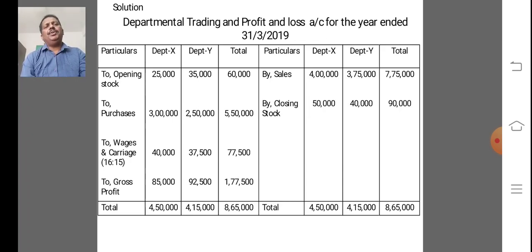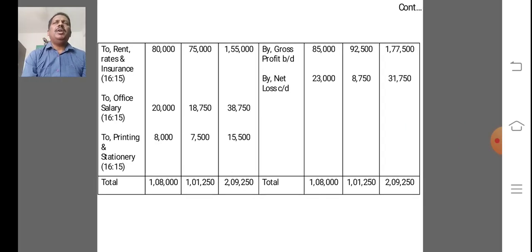That gross profit is to be brought down to the profit and loss account on the credit side. Therefore, by gross profit brought down on the credit side 85,000, 92,500, the total 1,77,500. And again, coming to the P&L account debit side: to rent, rates and insurance, distributed on the basis of 16:15, that is 80,000 for X department, 75,000 for Y department and 1,55,000 total.